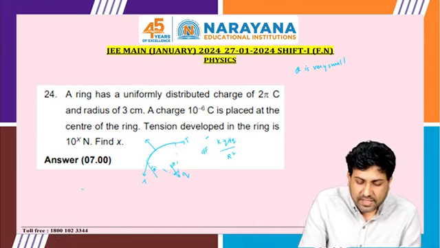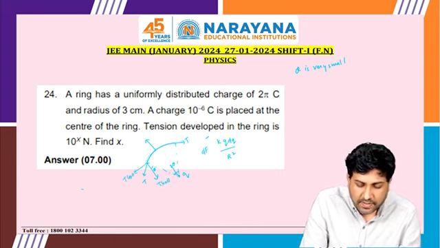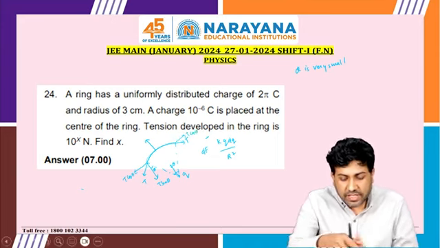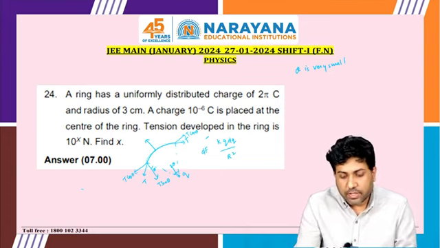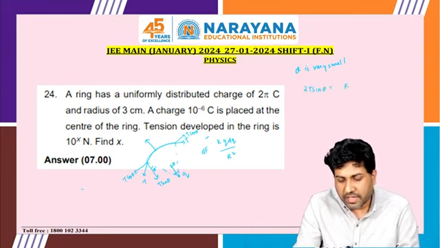So if this is T, that means this is T sine theta and this is T cos theta. The T cos theta components cancel, and the 2T sine theta will balance the electrostatic force. Because the net force is 0, 2T sine theta has to be equal to KQ dQ divided by R square.